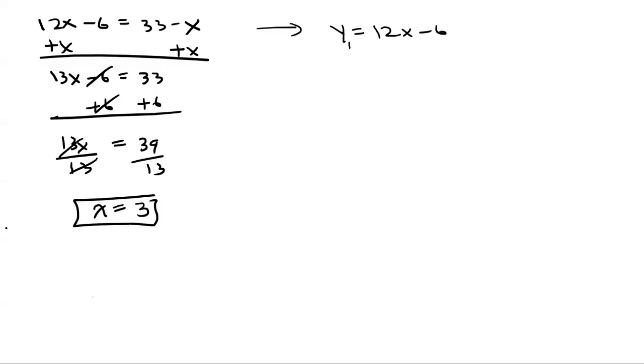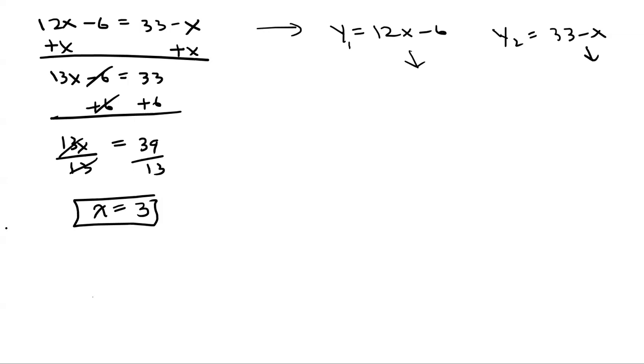Y2 is going to be 33 minus x. So those are our two equations. They're two separate equations, but what do they represent? What kind of graph do we have here? What did we say this was? Lines, right? These are lines.